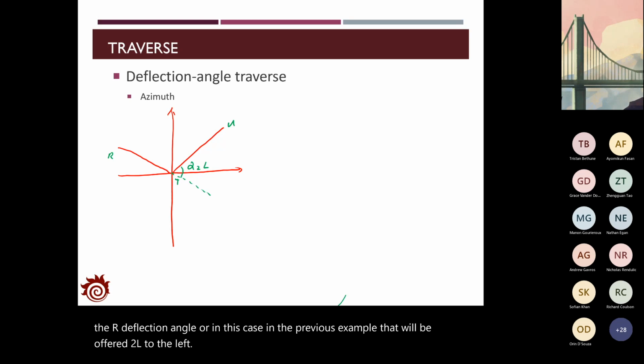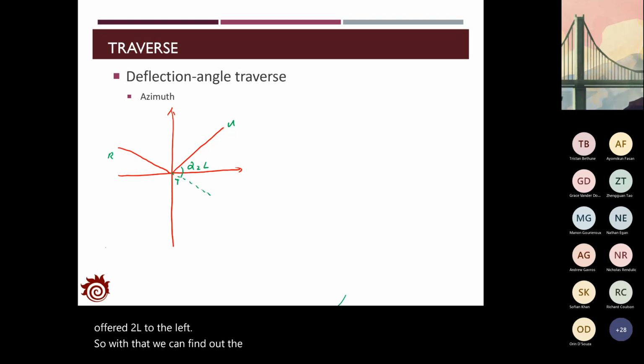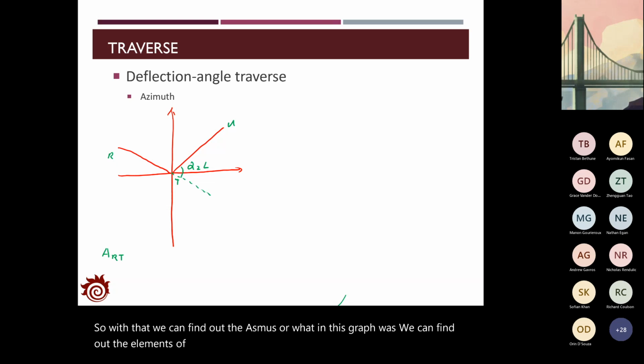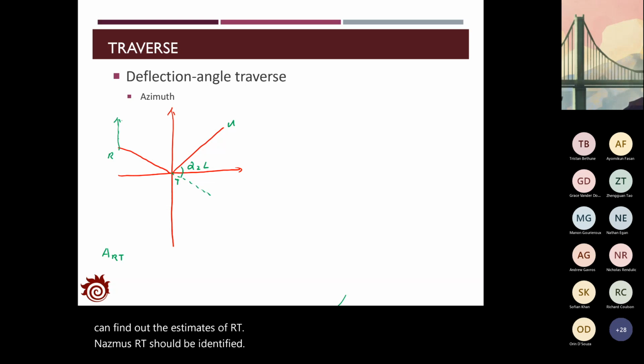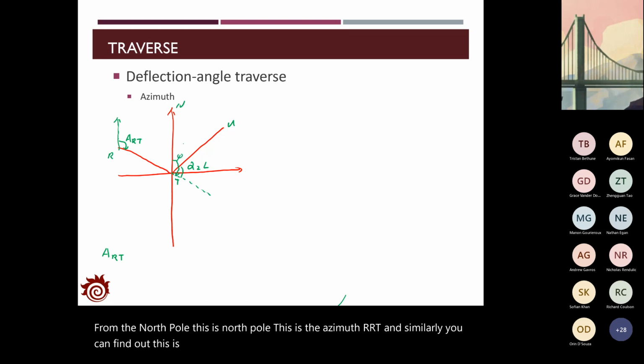So with that, in this graph, we can find out the azimuth of RT. The azimuth of RT should be identified from the North Pole. This is the North Pole. This is the azimuth of RT. And similarly, you can find out that this is also the azimuth of RT.